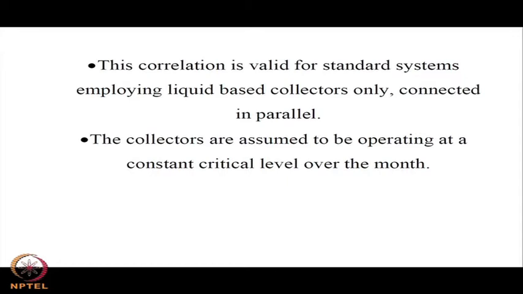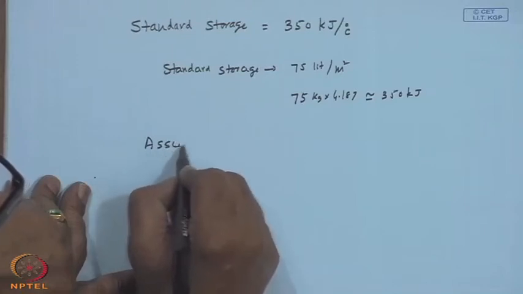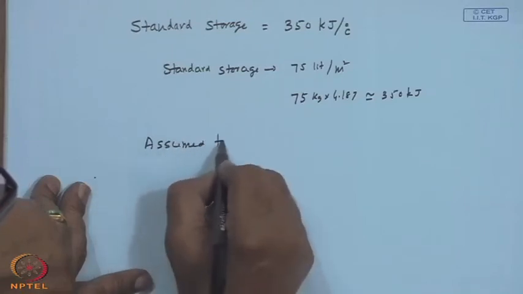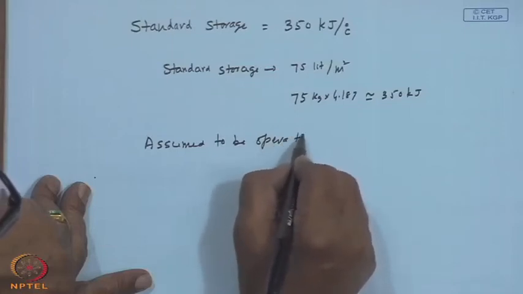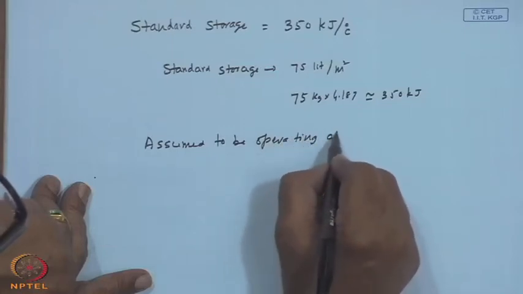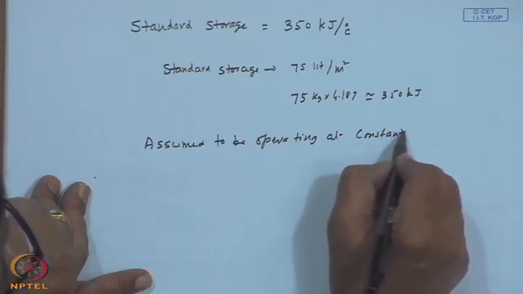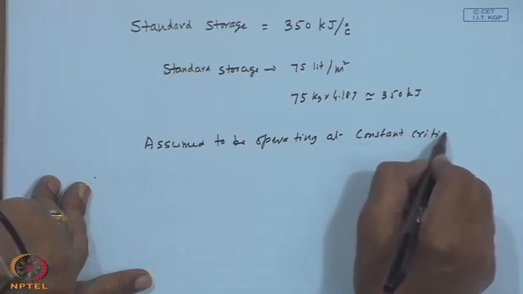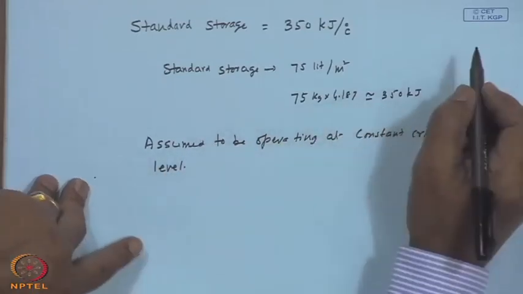The collectors are assumed to be, and this is important, operating at constant critical level. Okay.